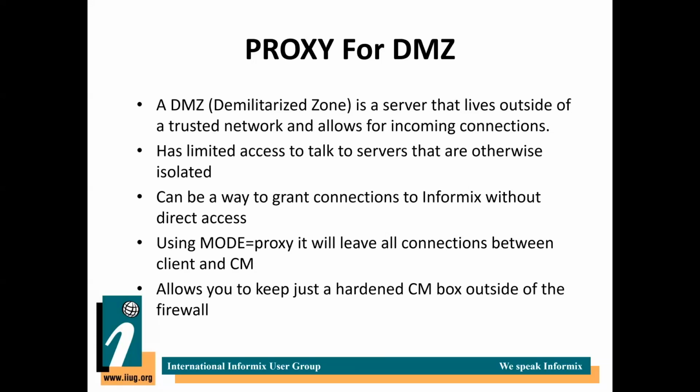It doesn't have to be on the internet directly. But your clients come in and all they can do is talk to the server sitting in the DMZ, which is our connection manager. So users connect there. The connection manager in the DMZ plays middleman, passing the data back and forth to your private network for your Informix data. And so customers can never get directly to that Informix server.